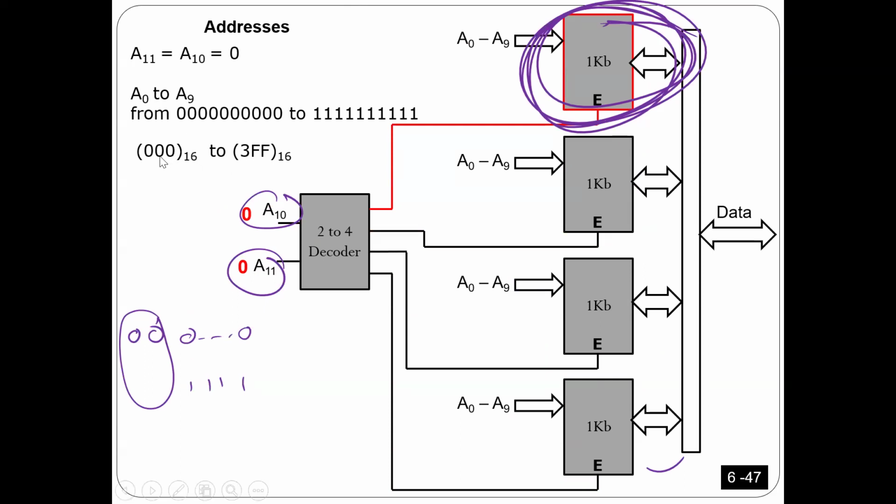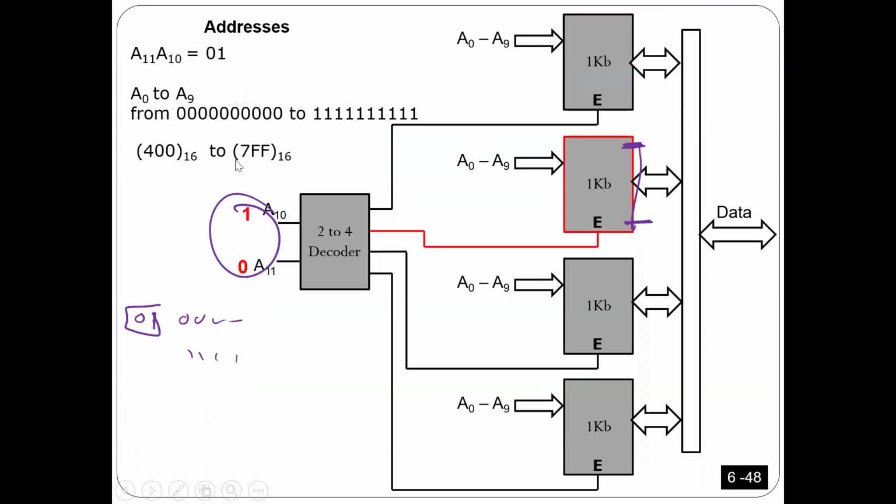So the first one starts from 000 until 3FF. Next one, what is after 3FF? Should be 400. Next one from 400 until 7FF. What is after 7FF? 800. It goes from 800 until BFF. What is after BFF? Should be C00 until FFF.